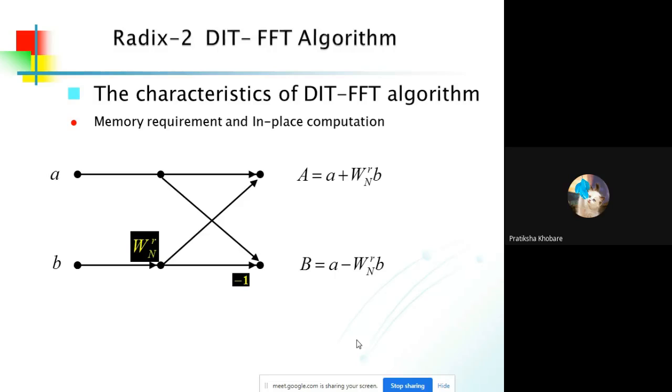Now, with this diagram, we can understand how much memory is required and how we can use in-place computation. With this butterfly diagram, small a and small b are the inputs and capital A and capital B are the outputs.